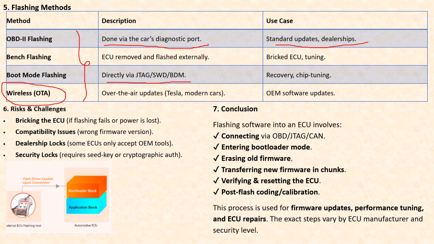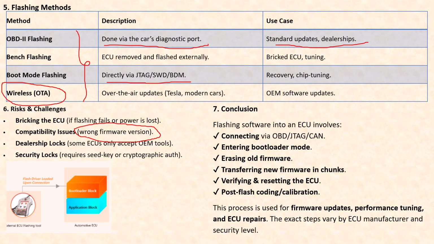Next is compatibility issues, such as a wrong firmware version. Now this happens very rarely because nowadays OEMs take every precaution so that only the correct firmware is flashed, with the help of the VIN or the correct encryption. The compatibility issues are almost eliminated, but still there are some rare chances that they may arise.